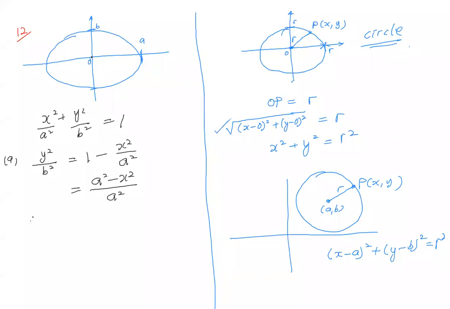So therefore, my y squared will be b squared over a squared, then this one is a squared minus x squared. Always put in the bracket. So your y is equal to b over a, then square root of a squared minus x squared.